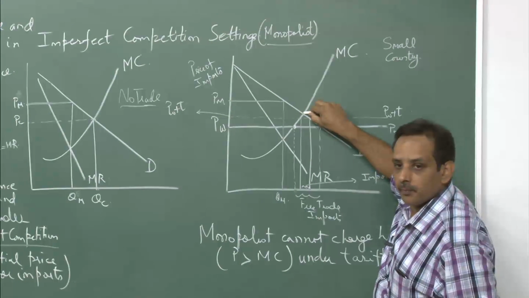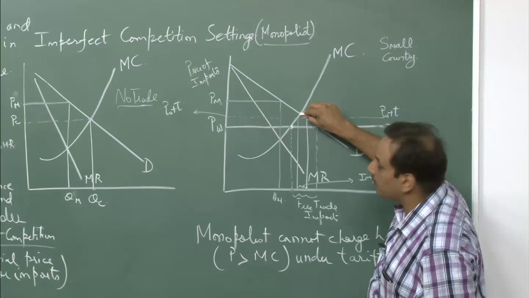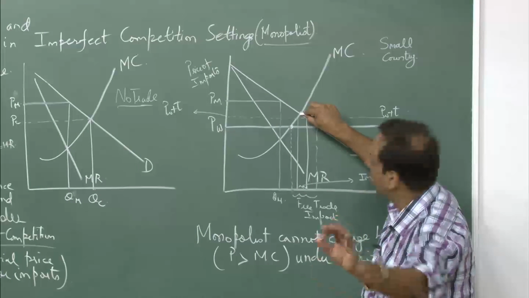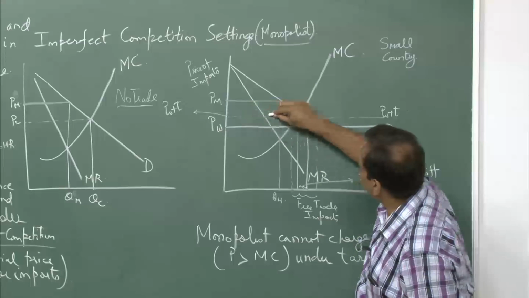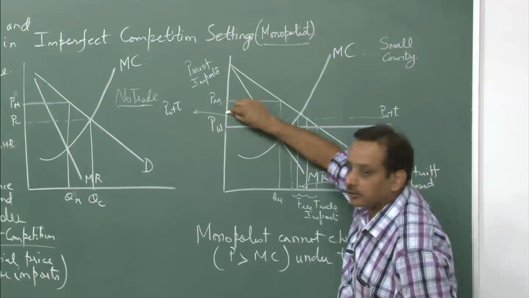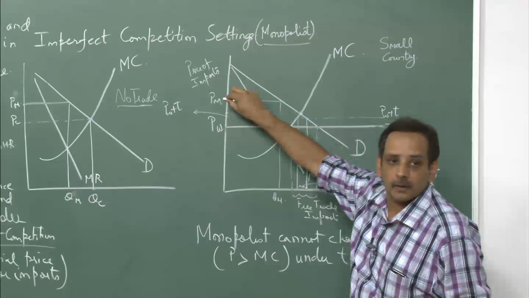Why can't it go beyond this? Because this is the point where imports will be entirely prohibited, zero. So even if tariffs are imposed, the prices that will prevail will be this much. Still he cannot charge a price which is PM.